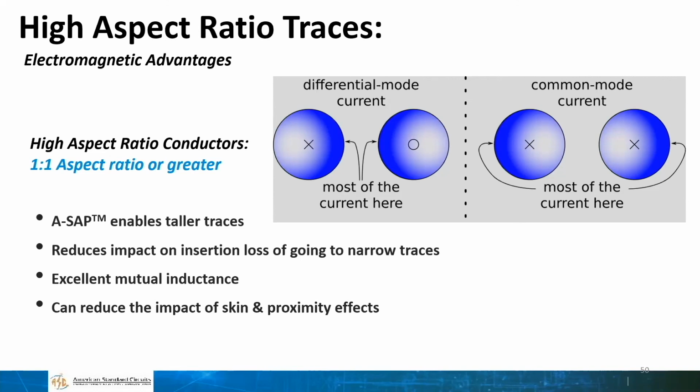What that does is it pulls the current towards those edges that are near each other, because that's called a proximity effect, but it's really exactly the same phenomenon that causes the skin effect, which is causing current that is in the same direction to repel each other and force itself to the outer surfaces. So anyway, you can draw current up against those inside edges.